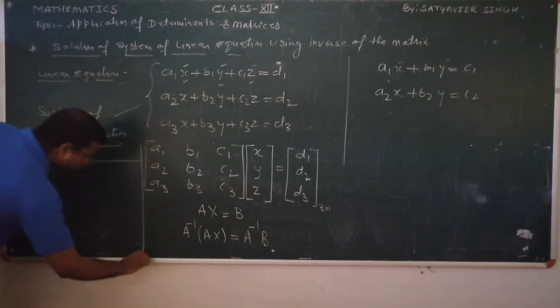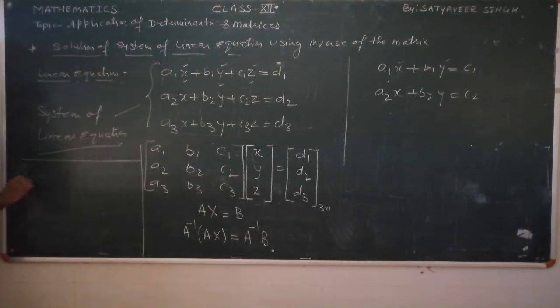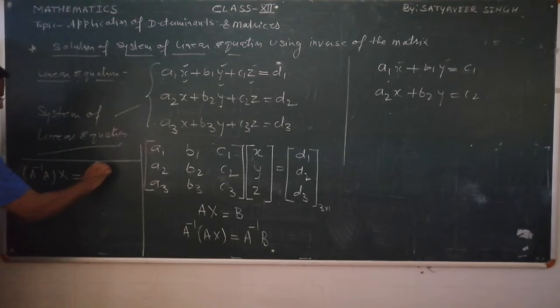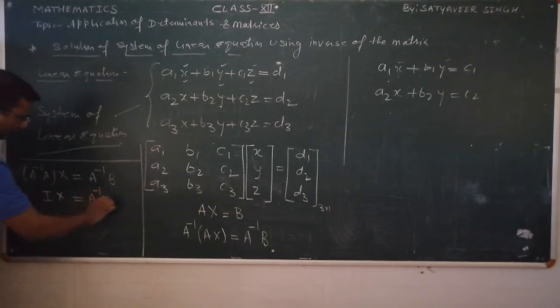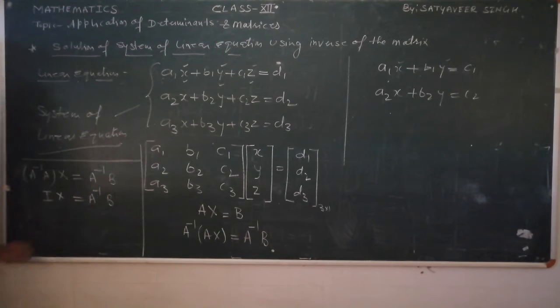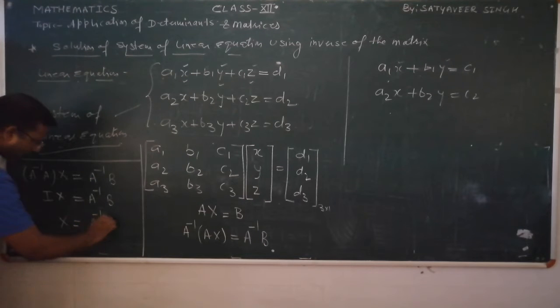You can see A inverse and A, we can write like this: this is X and this is A inverse B. A inverse into A is I, so we get X is equal to A inverse B.